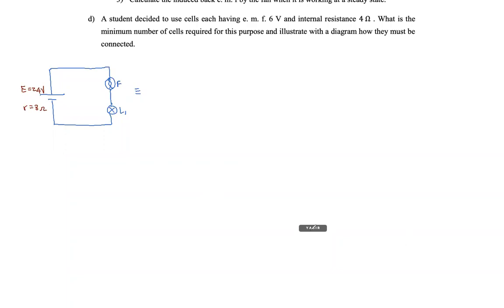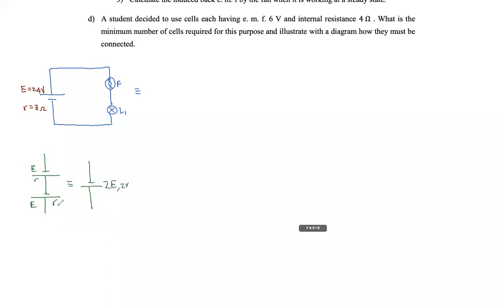So a quick revision: when you have two batteries like this, both E comma R because they are identical cells, and you put them in series, it will be equivalent to a battery of 2E and 2R.